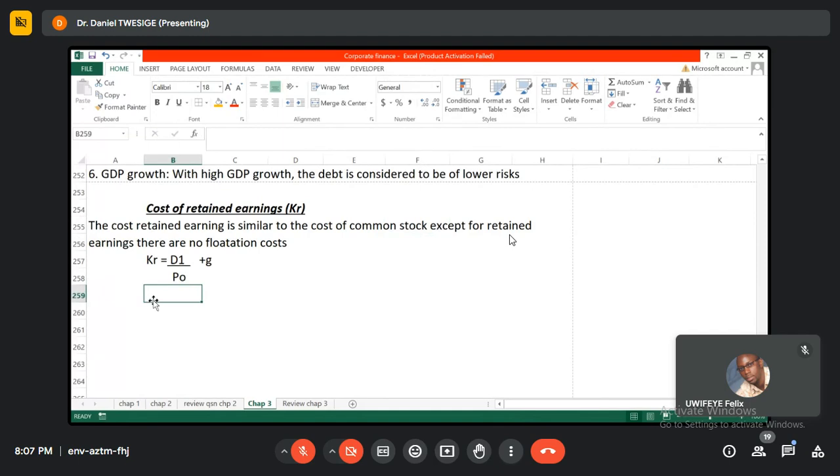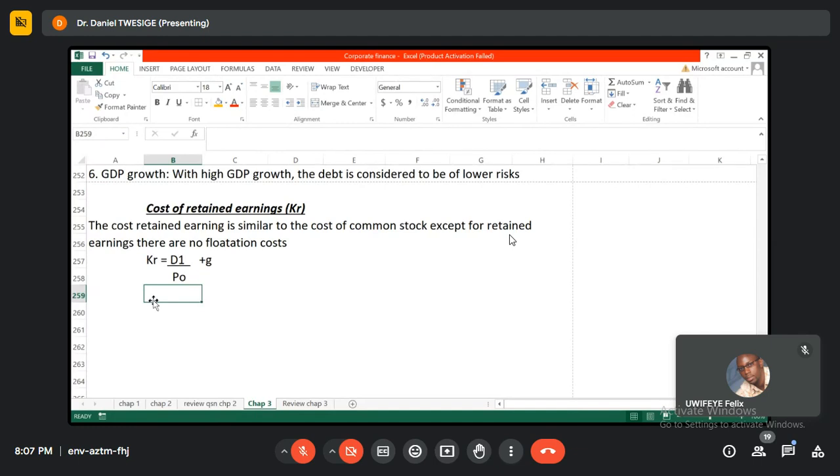Why do we use D1? Because it's also from the dividend. The dividend they are going to get, it's the same cost, you only remove the flotation costs. No, my question is, why not D0? Eh?